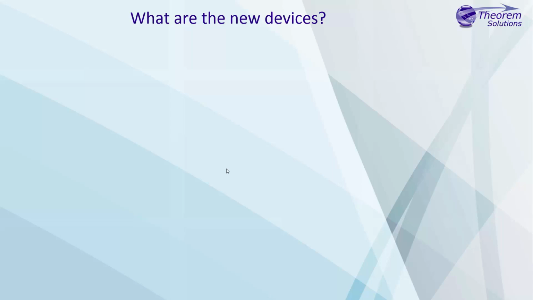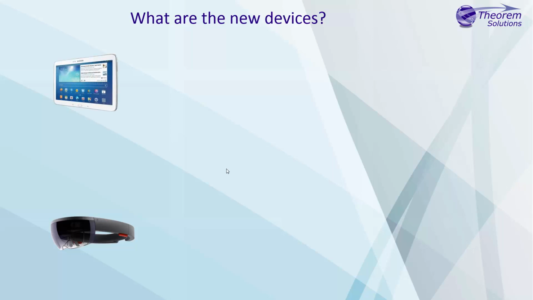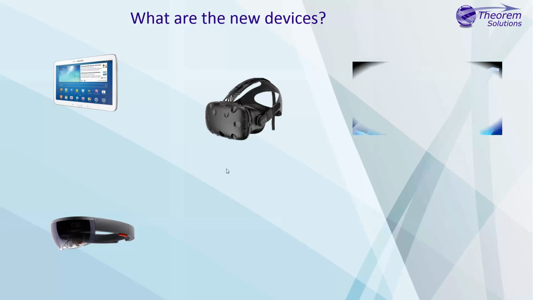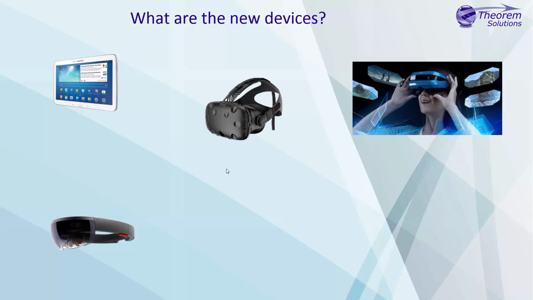So we've got a collision course, but a positive collision course at that. Okay, so what are the new devices? Let's have a quick look at them. You're probably familiar with the term Microsoft HoloLens. That's a picture of one of those. You're all very familiar with a tablet. This is an HTC Vive, which is a headset you obviously put on and completely immerse yourself in. I think that's an Acer one, or I think HP have a very similar looking device as well.